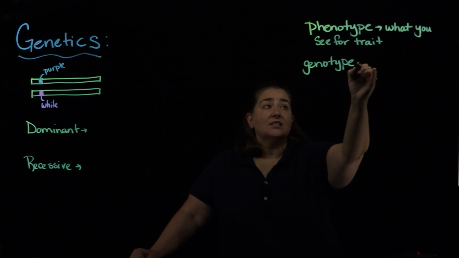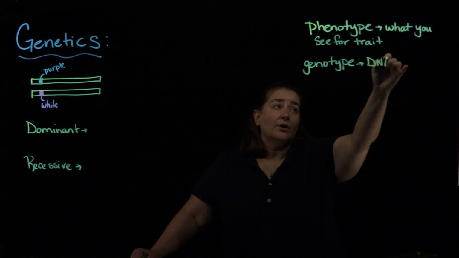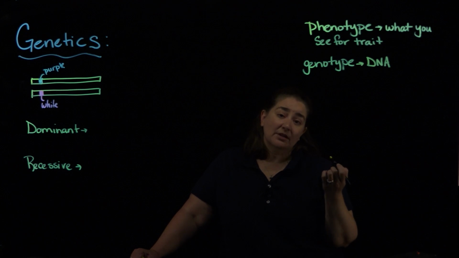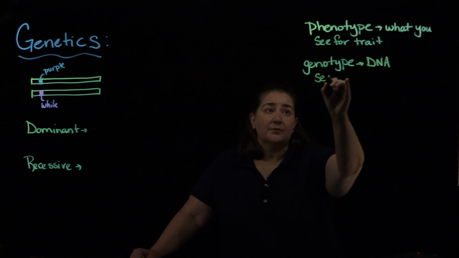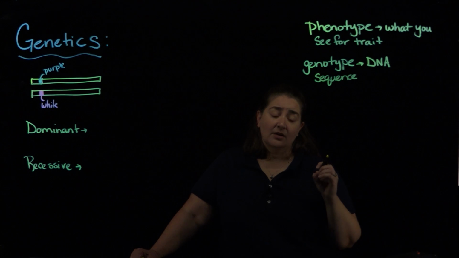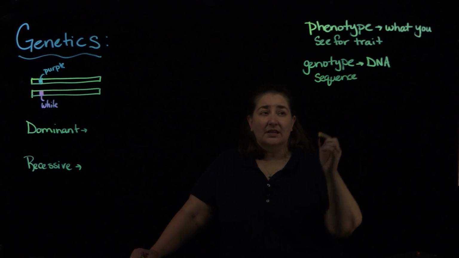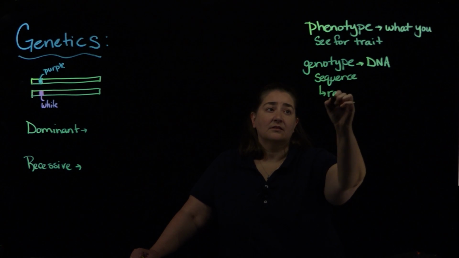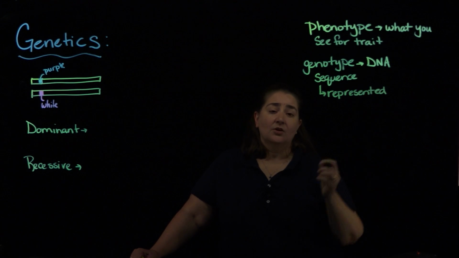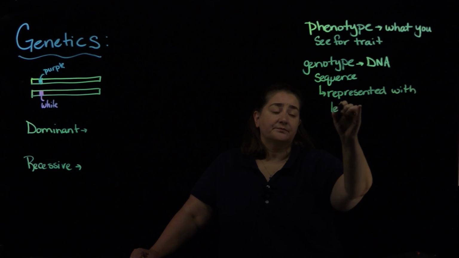The genotype is going to be what you've got at the DNA level. So we're talking really with the genotype about the particular sequence that you've got for that particular gene, but the way we represent genotype genetically, we're going to represent it with letters.